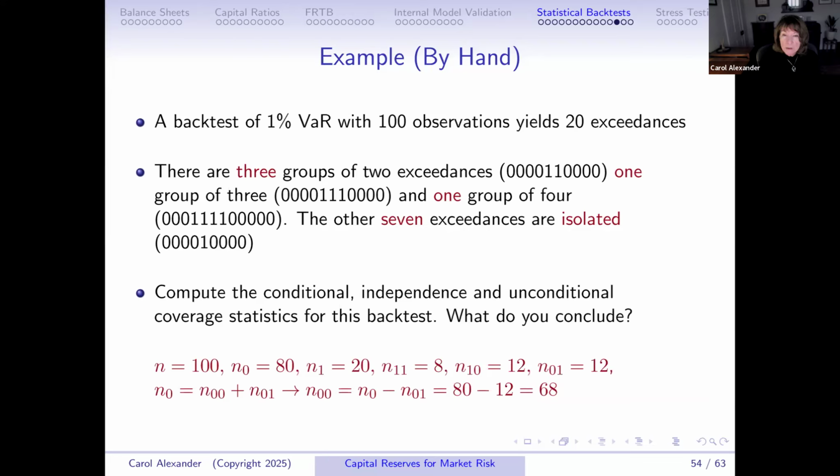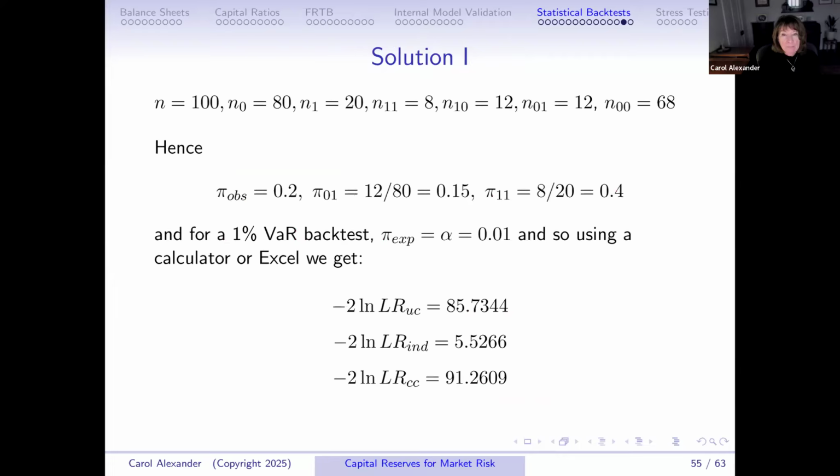Pi obs is 20 over 100, so that's 20%, not 2%. That's a lot, isn't it? And that's for the independence test. So pi obs is 20%, pi 01 is 0.15, pi 11 is 0.4, and pi exp is 0.01.